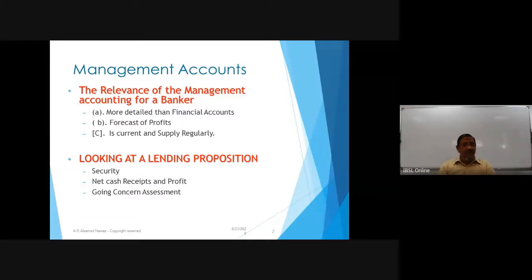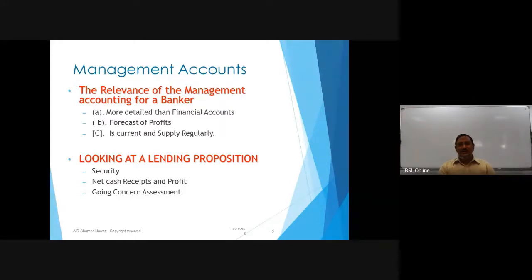The second problem is that the financial statement you are getting is sometimes fabricated. Most of the instances it is fabricated on the actual position. So we have a duty to go into detail, visit the customer, and justify whether that information is acceptable. That's what we have to do.